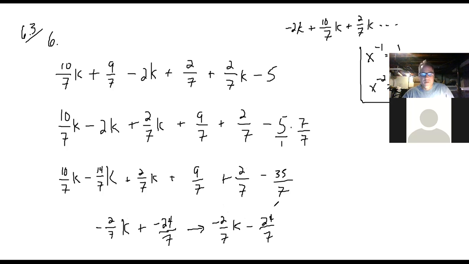Okay. I'm punching it in to make sure I didn't make any arithmetic mistakes. Negative, what was it, 2 sevenths? Oops. All right, so negative 2 sevenths, k.